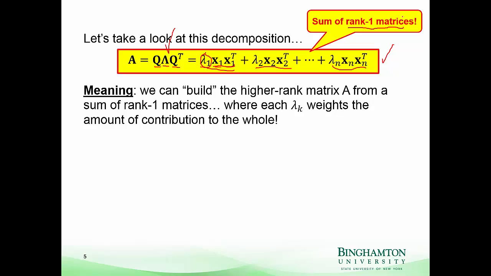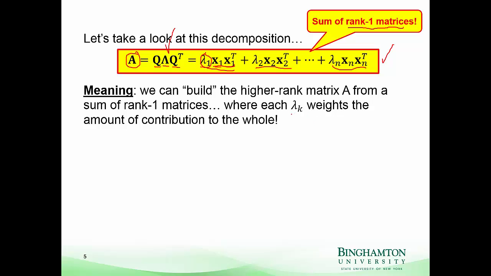And so what we're saying is that this spectral decomposition allows us to build a higher rank matrix A. So A might be full rank, it might not be full rank, but it certainly is likely to be higher rank than 1. We can build it up out of a bunch of different rank 1 matrices.